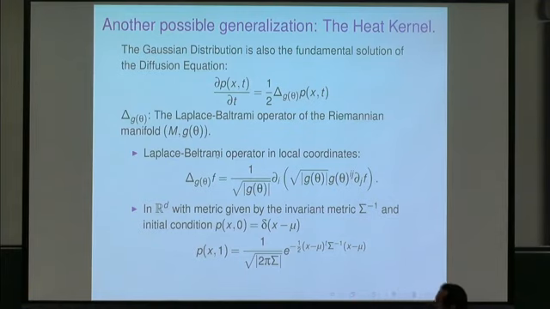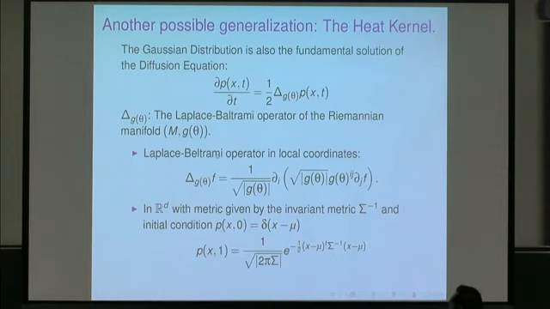So the Gaussian distribution is also the fundamental solution of the diffusion equation, in which you have the Laplace-Beltrami operator, and the Laplace-Beltrami operator in local coordinates is given explicitly here, in terms of the gradient and divergence, and that allows you to define this diffusion equation and talk about its fundamental solution on the manifold.